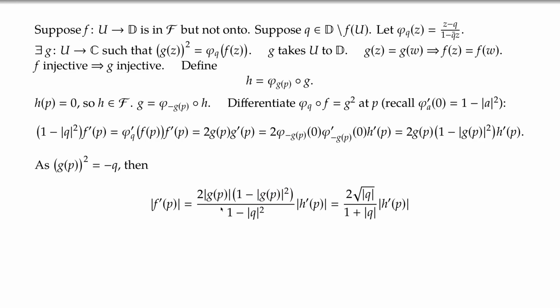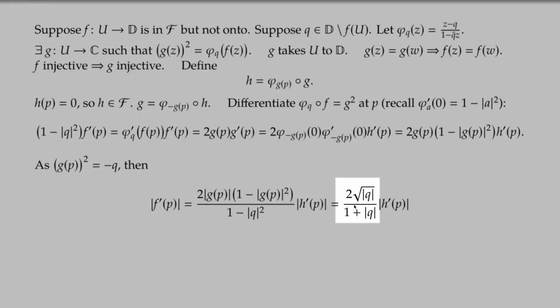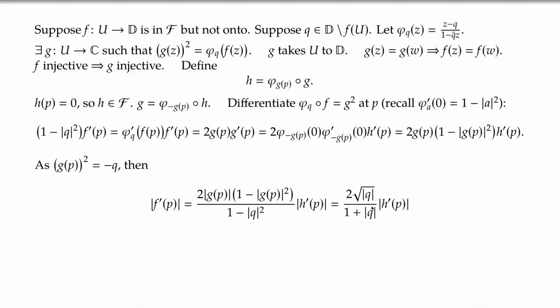So if I cancel out things, the coefficient in front is 2 times the square root of q divided by 1 plus modulus of q, and here q in modulus is less than 1. I mean, it's in the disk. It's a fixed point inside the disk.